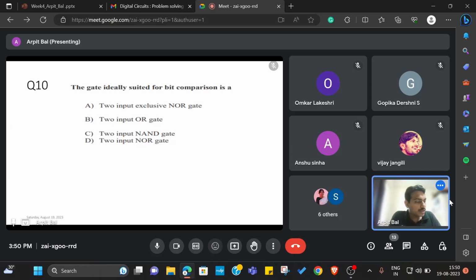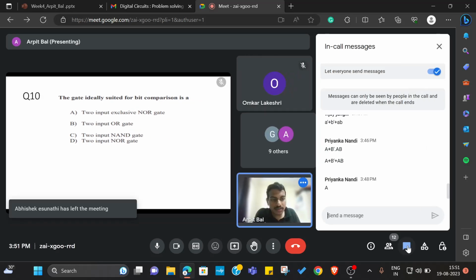Okay, so here the question is, the gate ideally suited for a bit comparison is which gate? So which gate will you give preference to if you have to perform a bit comparison? Any answers?